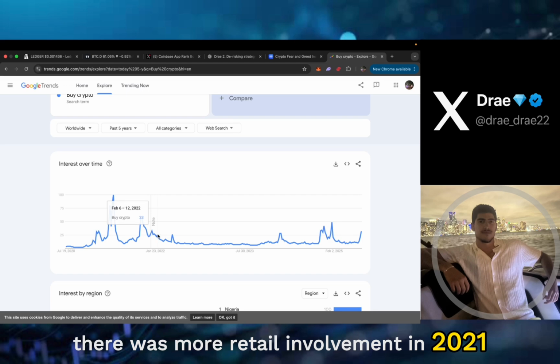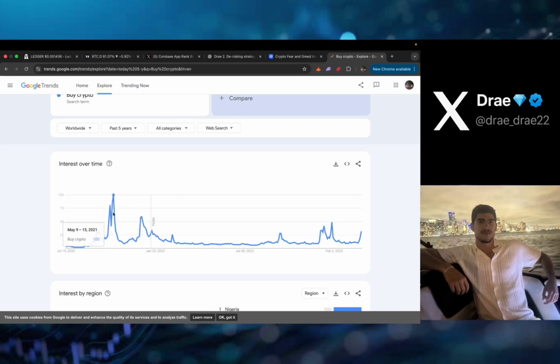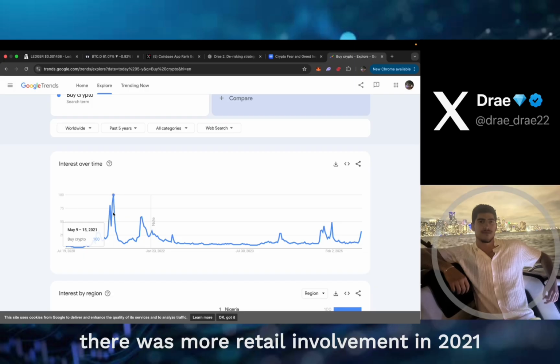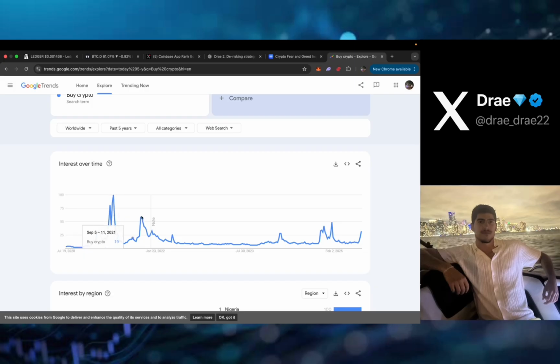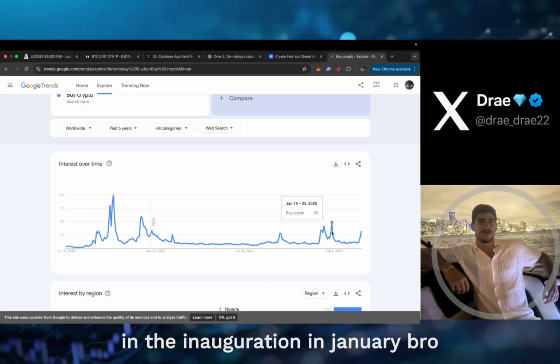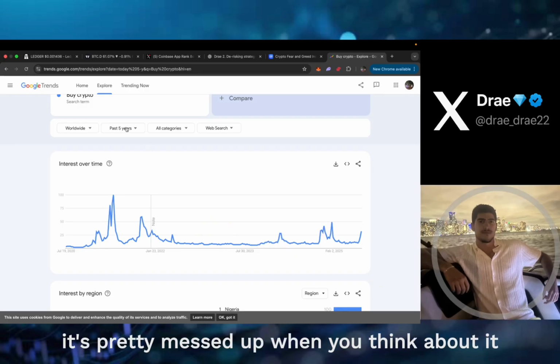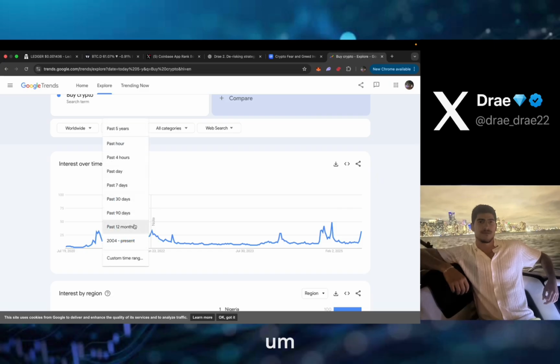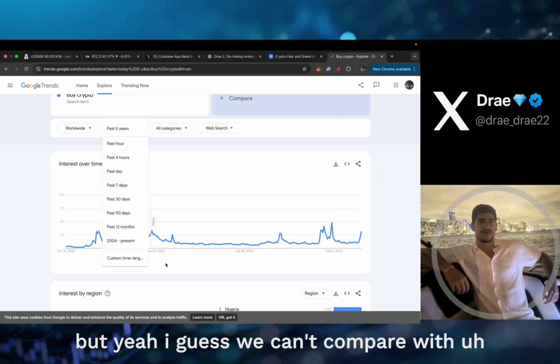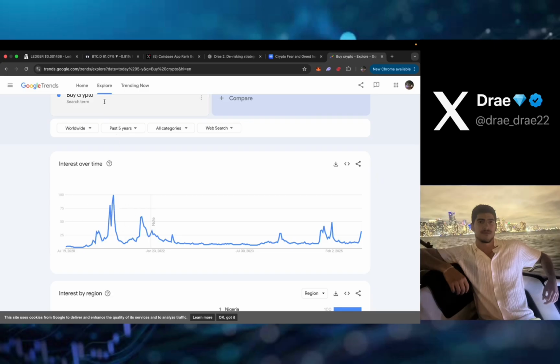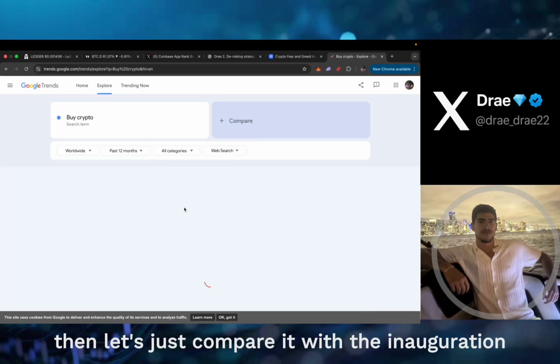There was more retail involvement in 2021 than there was in the inauguration in January. It's pretty messed up when you think about it. But yeah, I guess we can't compare with that then. Let's just compare it with the inauguration.